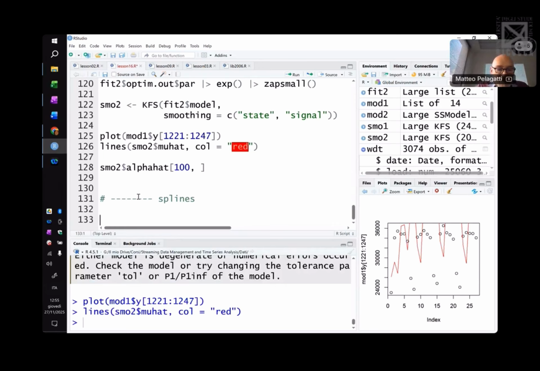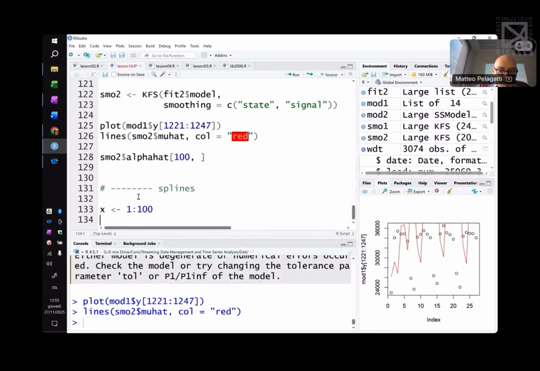Maybe let's just build an x that goes from 1 to 100. We can build, let's call it f of x, a cosine of 2 times pi divided by 100 times x.